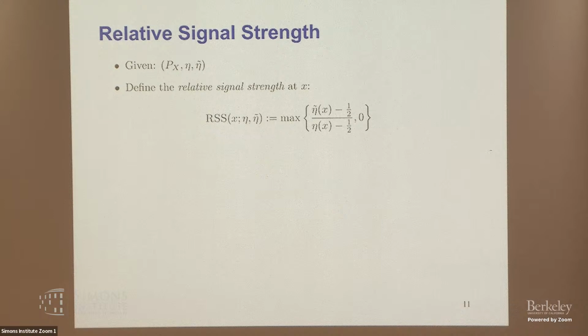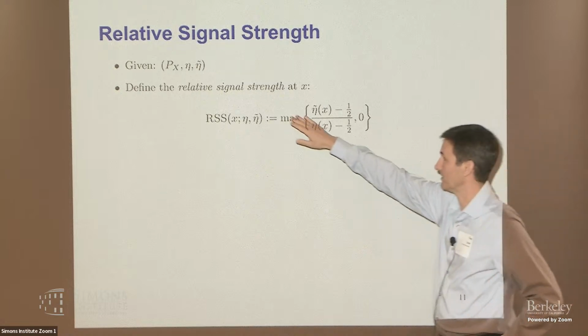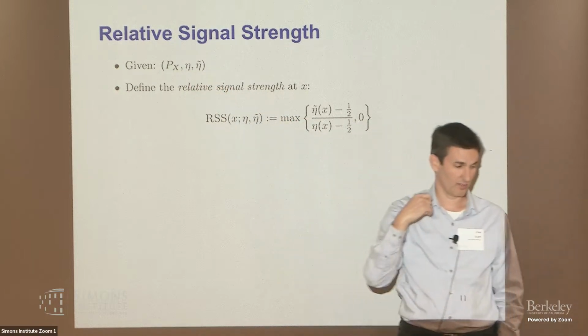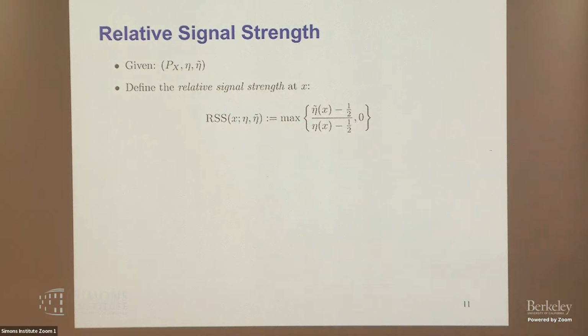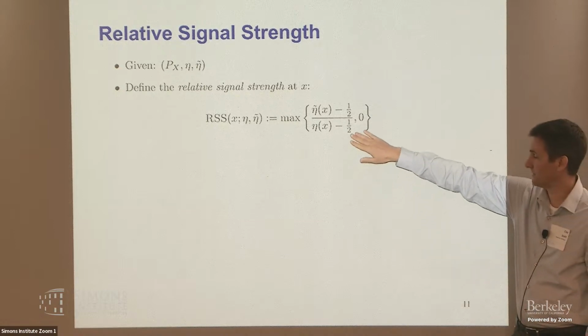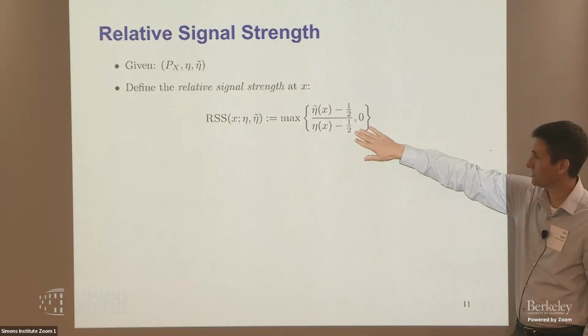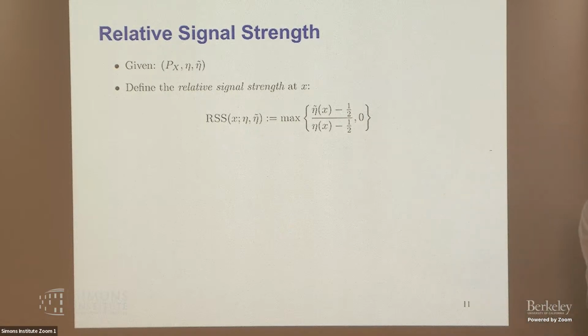So I'm going to define what I'll call the relative signal strength at a point x. Suppose you have a posterior drift problem, which is defined by a triple: the x marginal, the clean posterior, and the noisy posterior. Let's define the relative signal strength at x to be this function, which is a maximum of 2 terms. That first term is a ratio.